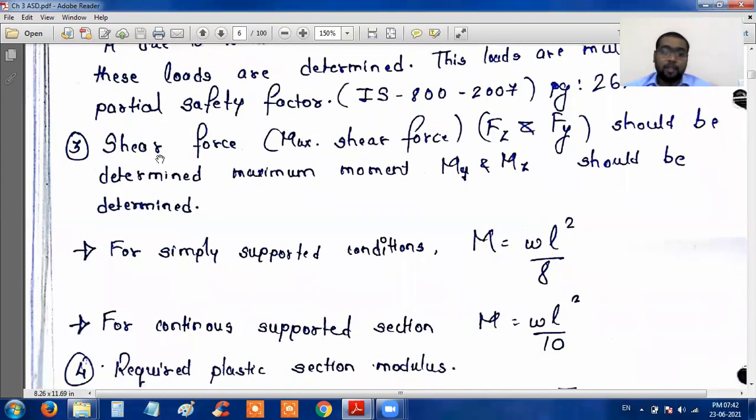Then find out the maximum shear force Fz and Fy, and then determine the maximum moment, that is Mz and My.